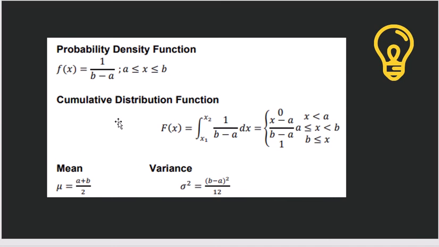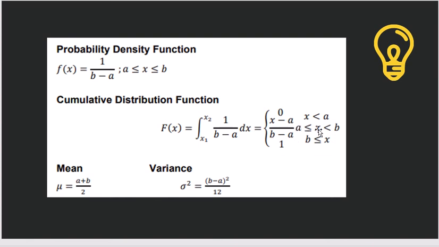Then we have the cumulative distribution function. If we expand this one, we have x sub 1 and x sub 2, so in integration this will be your lower limit and this will be your upper limit. So 1 over b minus a, then we take the antiderivative, which equals the quantity x minus a over b minus a.